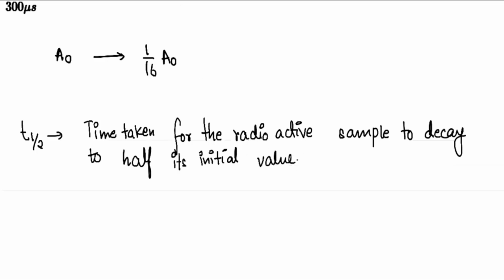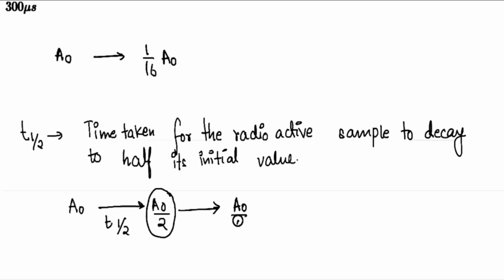Got it? So basically when A naught goes to A naught by 2, this is 1 T half, which means one T half has been done. Now we will solve it like this only, not using a formula. This will also go half, so half of A naught by 2 is A naught by 4, so again 1 T half.